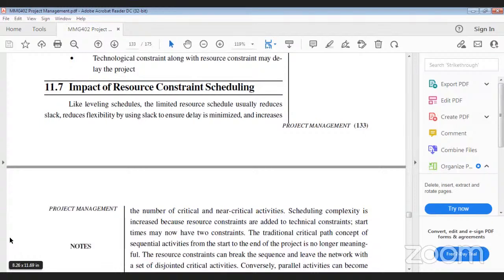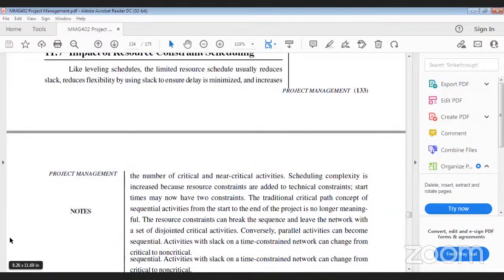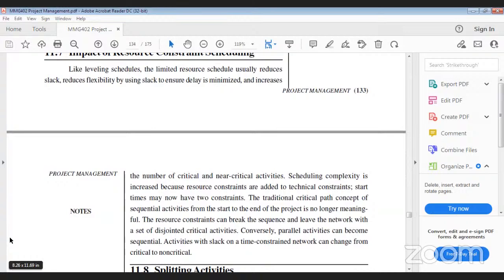Scheduling complexity is increased because resource constraints are added to the technical constraints, and start time may now have two constraints. The traditional critical path concept of sequential activities from the start to the end of the project is no longer meaningful. So the resources can break the sequence of the network into a set of disjointed critical activities also.